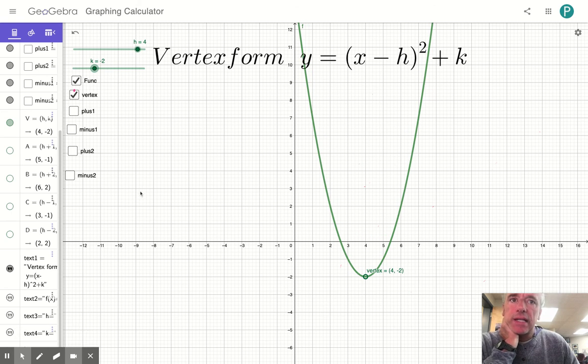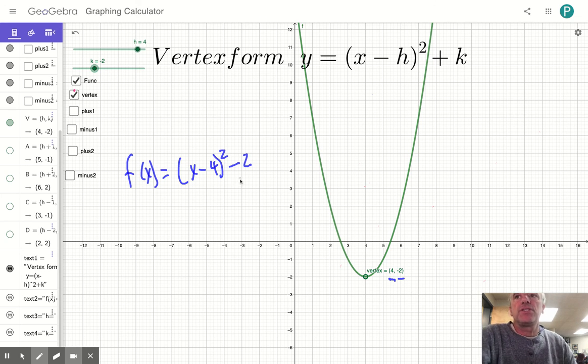Let's write one last equation based on the function. As I look at this one, I can see that the x-coordinate is 4 and the y-coordinate is -2. So I could call this f of x equals x minus that x-coordinate, so x minus 4 squared minus 2.